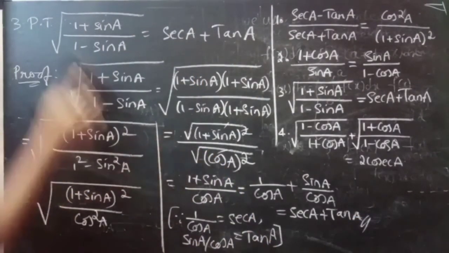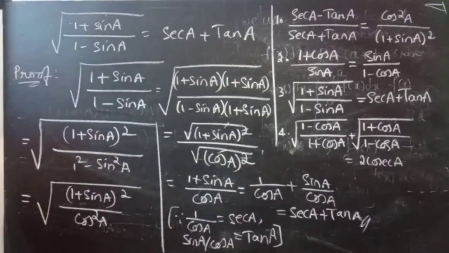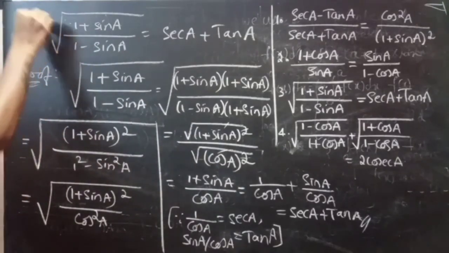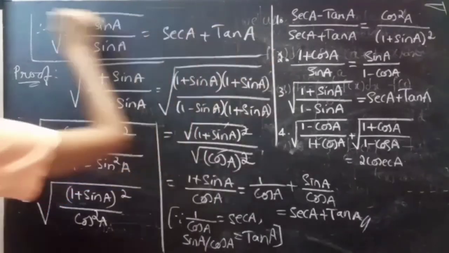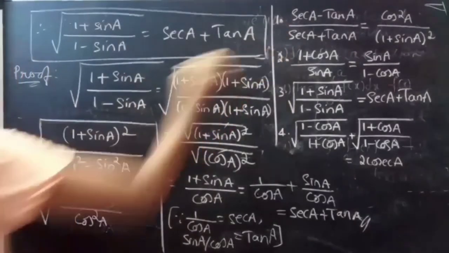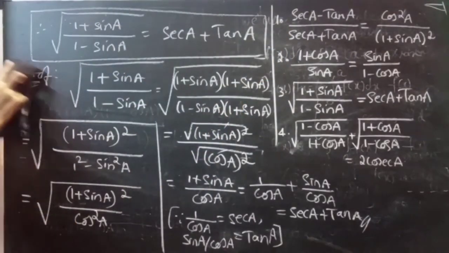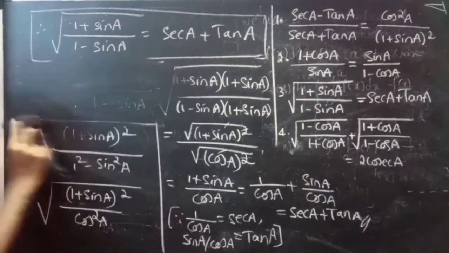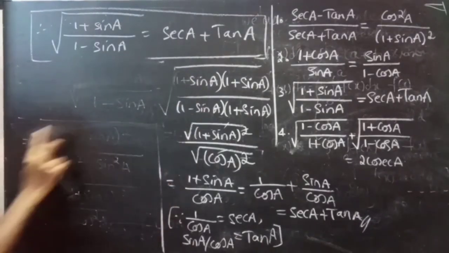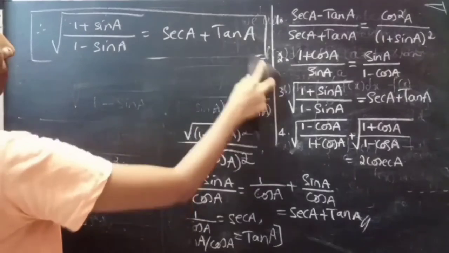Therefore, square root of (1 plus sin A) by (1 minus sin A) equals secant A plus tan A.